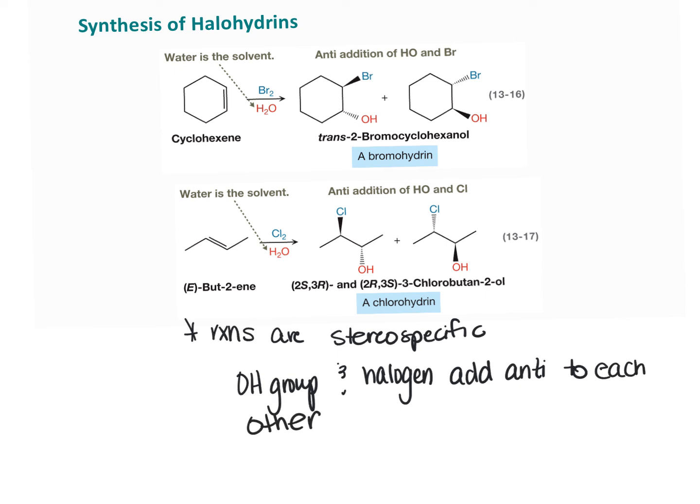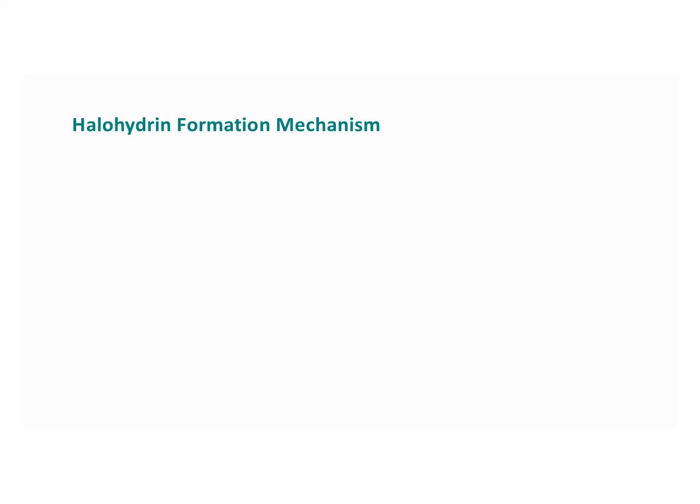The stereochemistry here is the same as the addition of the chlorine or bromine across a double bond. And so if we look back at that ring that's coming out here, we have a Br and another Br here.